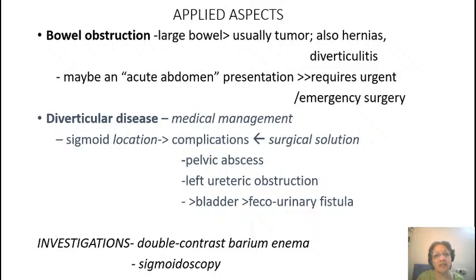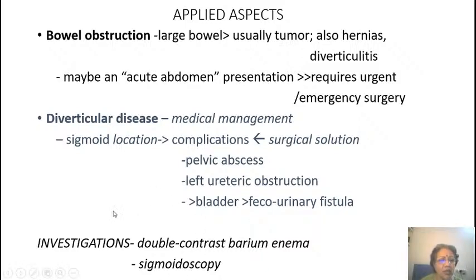Whatever it touches can create a problem. If it's on the pelvic wall, it can create a pelvic abscess. If it's rubbing on the bladder, it can create a bladder inflammation. Without doing anything, just because the mesocolon is related to the ureter, it can cause a ureteric obstruction. So remember that the sigmoid becomes an area where different kinds of pathologies can happen as a consequence of something starting in the sigmoid.